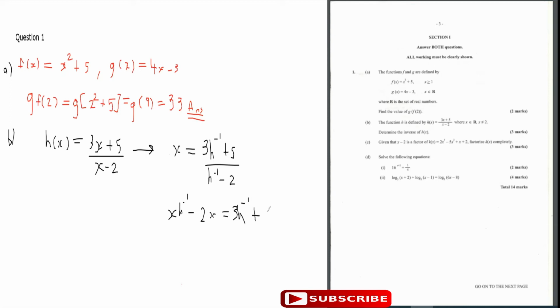So all we need to do is make h inverse the subject. So bring over the terms, and we're going to get x h inverse minus 3 h inverse, and that's going to be equal to 2x plus 5.